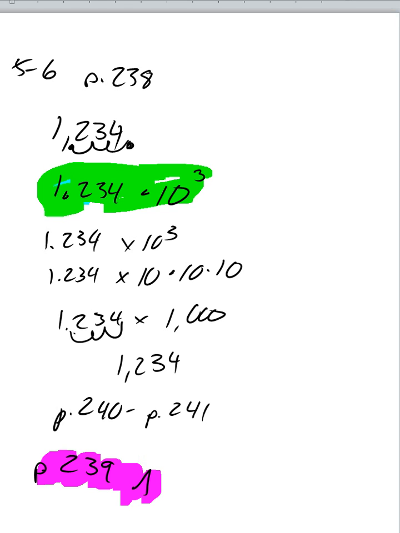There are some review exercises you can do that go along with this unit if you so desire, and those are on page 246, problems 1 through 100. Those are some problems you can do to practice. The first part is just changing back and forth between scientific notation and ordinary form.